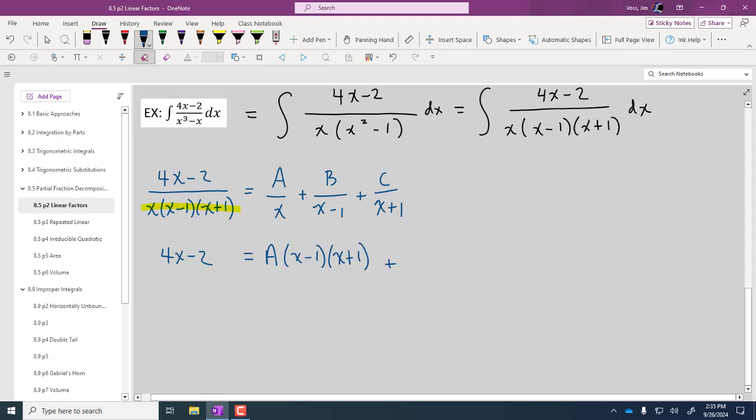When we multiply that yellow block to the second fraction, x minus 1 in the denominator will cancel with that x minus 1. So we're going to be left with bx times x plus 1. When we multiply that yellow block to this, x minus 1 in the denominator will cancel with that x plus 1 in the numerator. So we're going to have that.